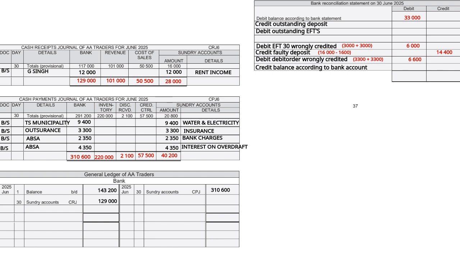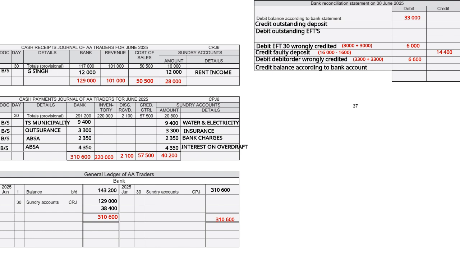Now we can go back to our bank account and just complete that. This time, our credit side is higher than our debit side. So if we add up our credit side, we get 310,600. We know that our debit side must also equal to 310,600. So we have a shortfall on the debit side of 38,400 Rand.